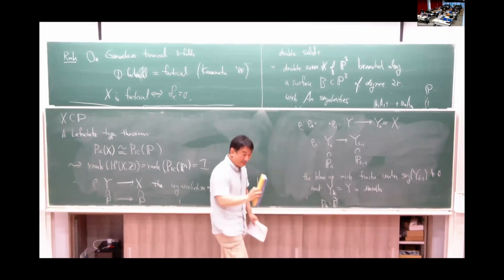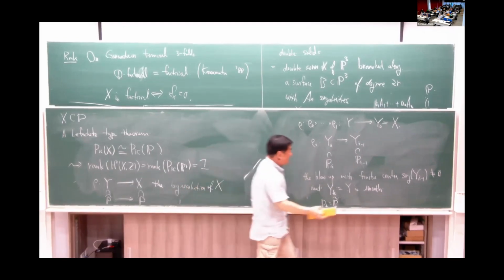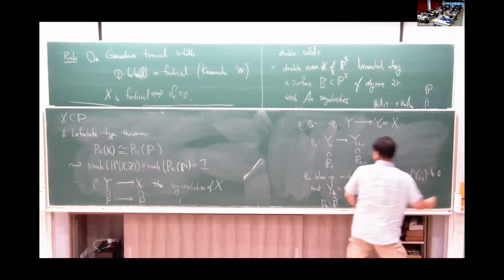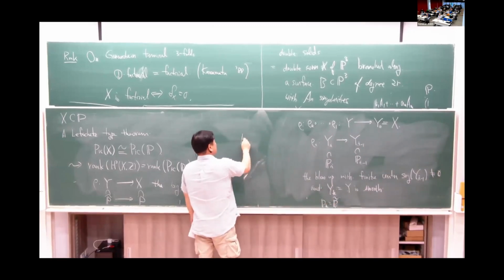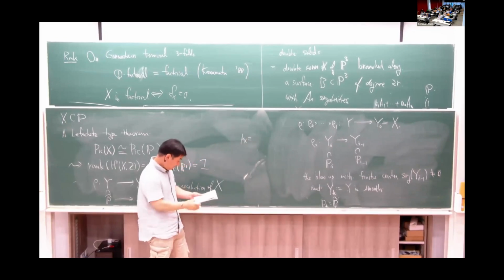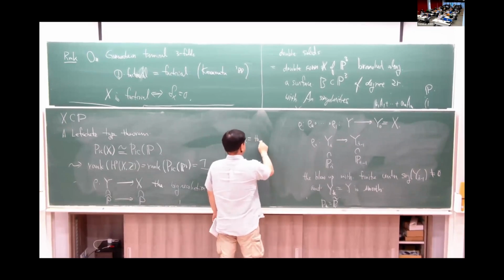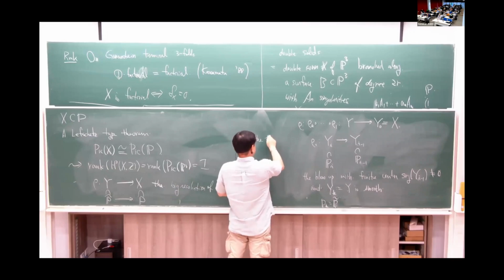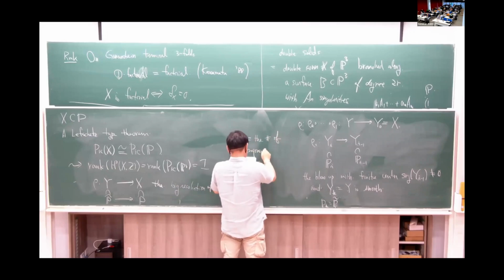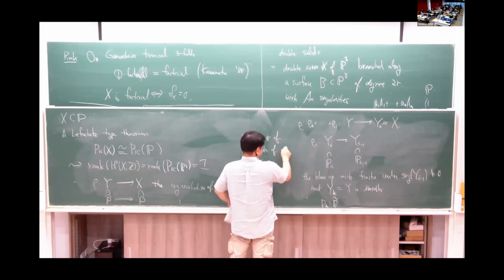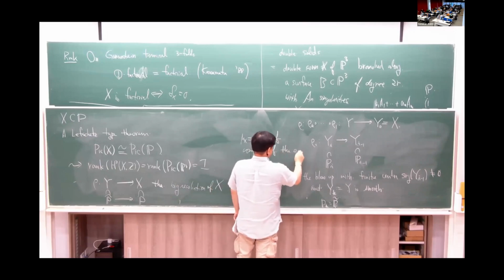No, that's different. I will tell you, the number of exceptional divisors is different. So, for example, this is the number of components of the exceptional locus.